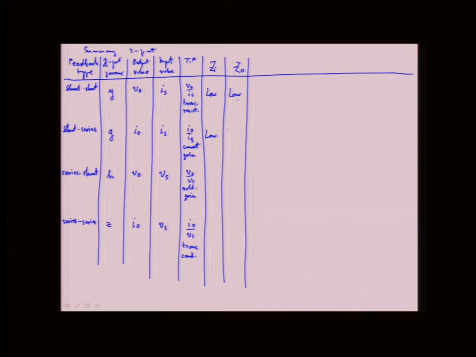High. Again, the output value is current, so you'd want that to be as close to an ideal current source as possible, so it means high. The feedback should help boost the output impedance to high. And then we have high, low, and then high, high.